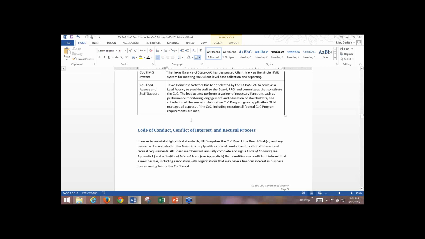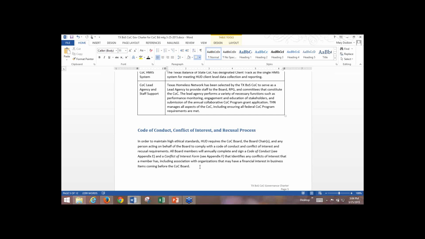Another piece of our charter that's required, and for a very good reason, is a code of conduct, conflict of interest, and recusal process. What that is all about is ensuring that those folks who are serving on the board, and anybody representing the board, if they have a conflict of interest over an issue, must recuse themselves from voting on that issue.